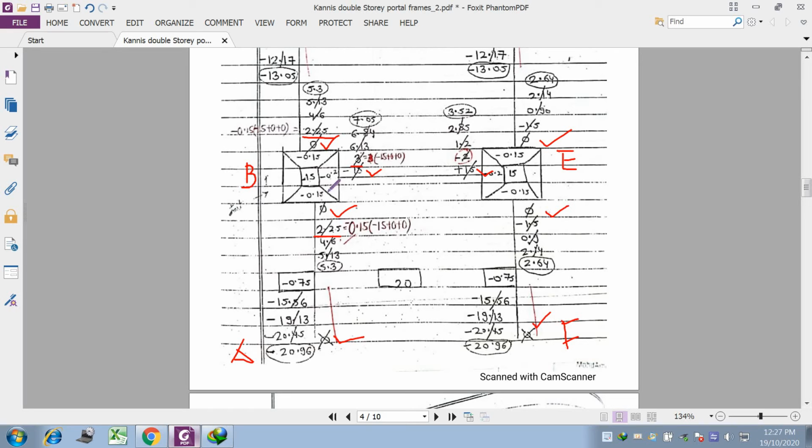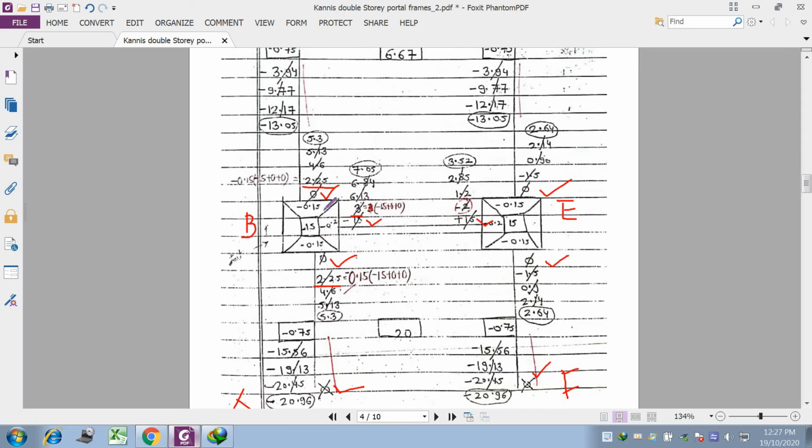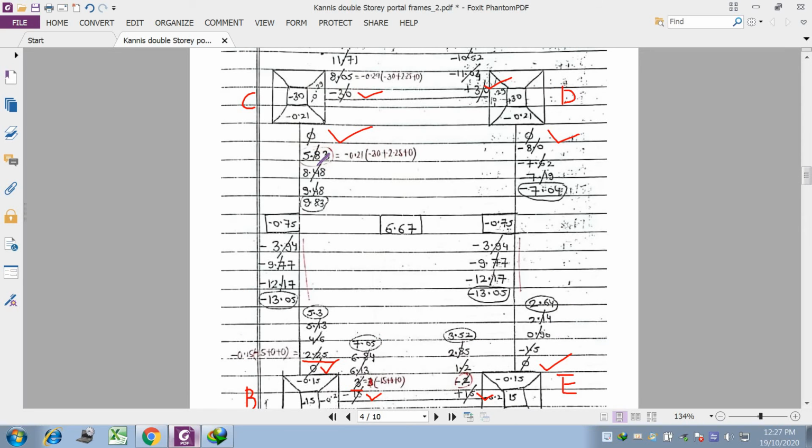Similarly, you only have to replace minus 0.15 with minus 0.2, so you will get the answer as 3. Similarly, here you have to replace minus 0.2 with minus 0.15. In the calculation you will get the answer as 2.25. Once this is over, go to the next point, that is C. Here let us see how the first iteration value will be calculated.